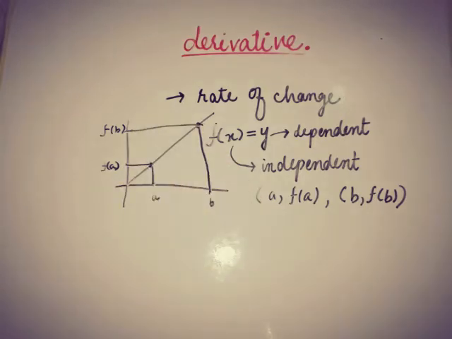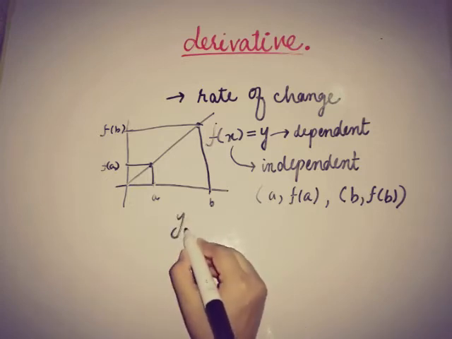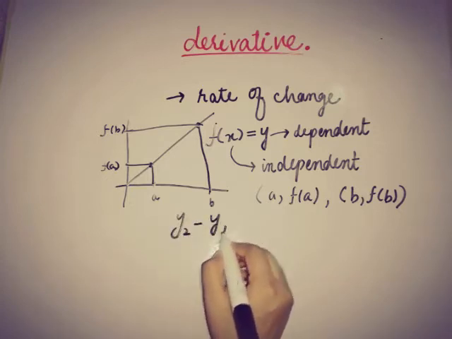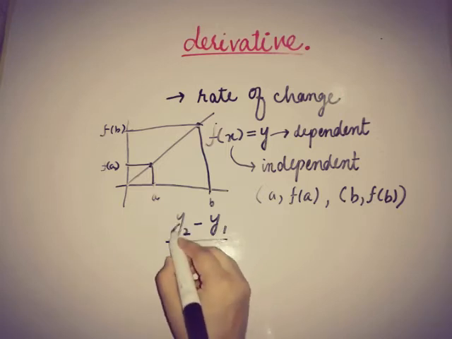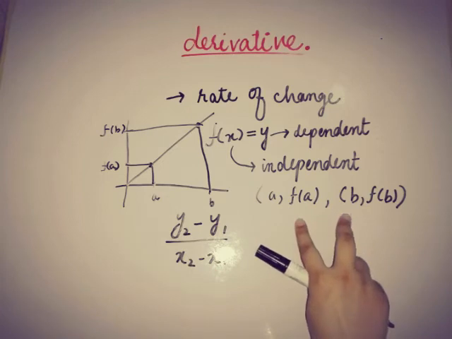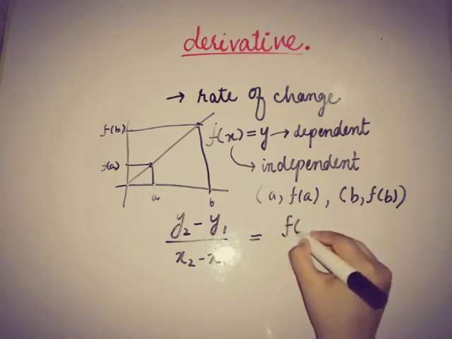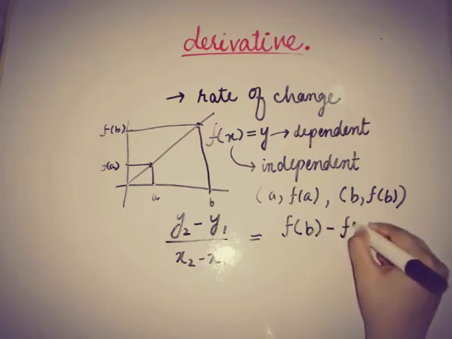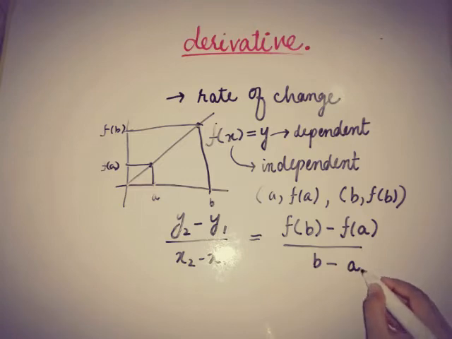So we can understand the definition of the rate of change because we are all familiar with the slope of the secant line. By definition of the slope, we know the formula y2 minus y1 over x2 minus x1. Here talking about the 2 points, we can write f of b minus f of a over b minus a.